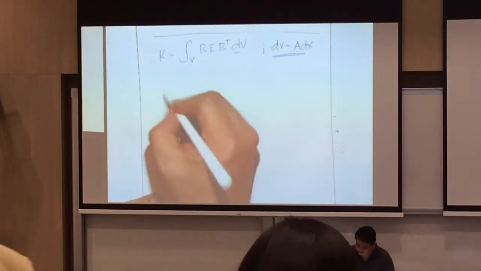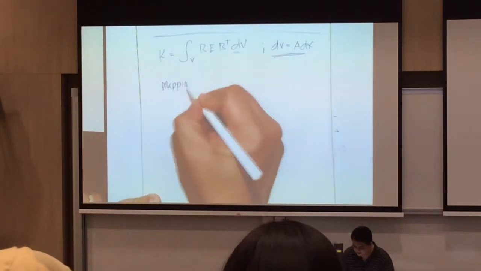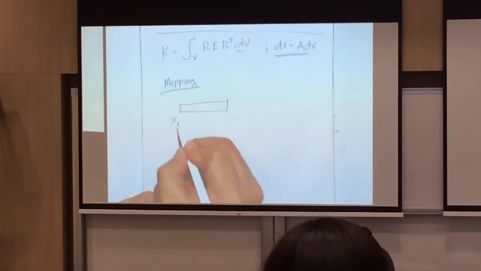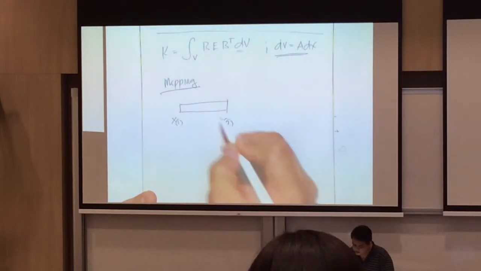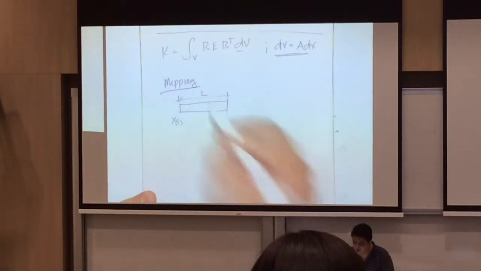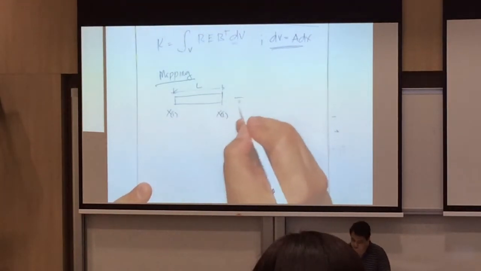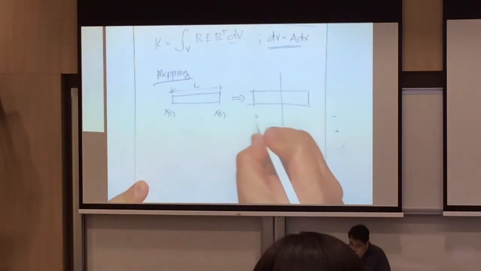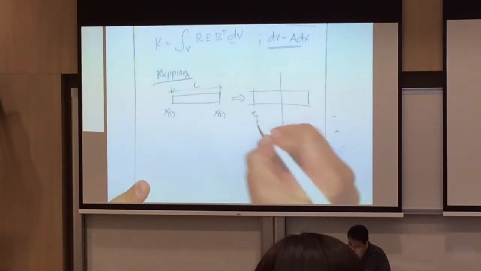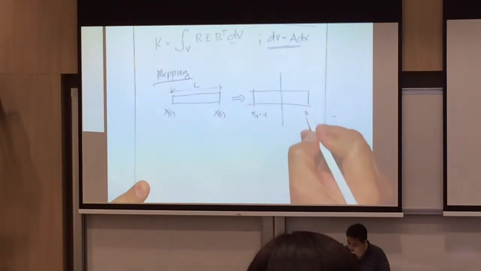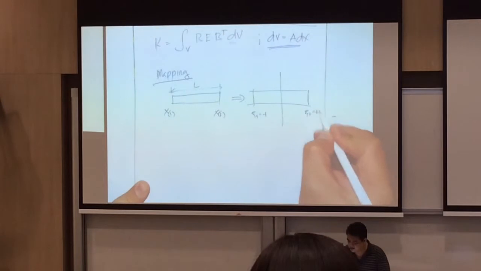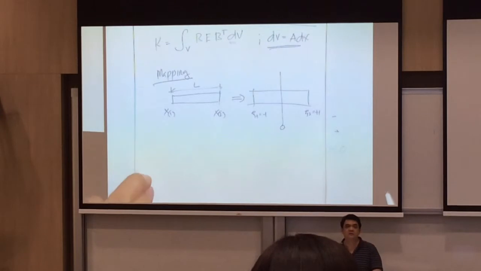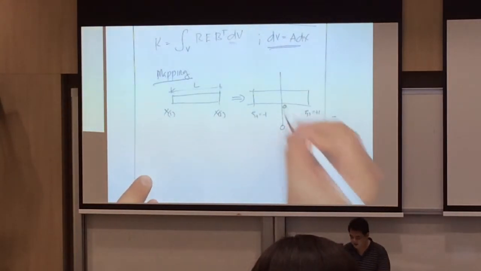So mapping means that this one here, x1, x2, where you have a length L, will be mapped to this one here, wherein you have C1, which is minus 1, and C2, which is plus 1. And in the middle here will be 0.